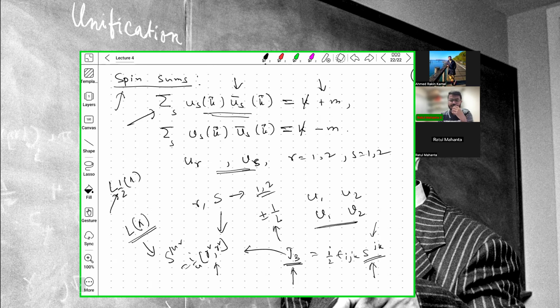But for canonical quantization, you can do it by hand. Instead of imposing commutators, when we promote the coefficients, a and a dagger, to operators, we will at the end see that you need to impose anticommutation relations.